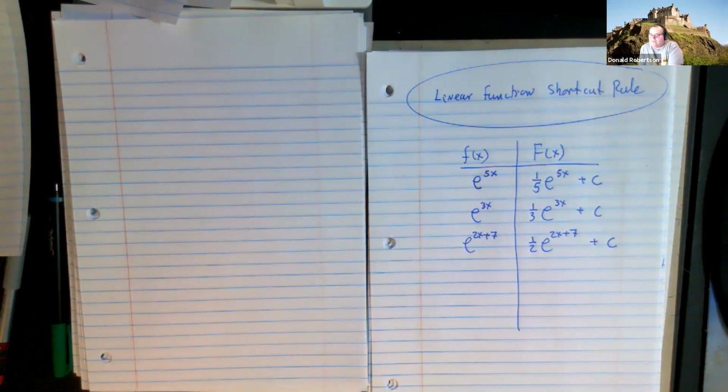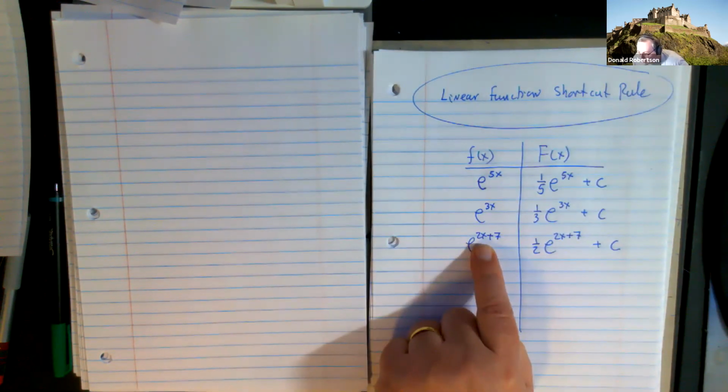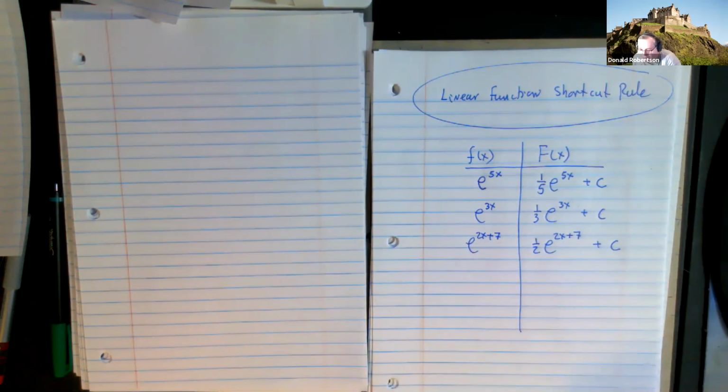You can use the pattern to get antiderivatives quickly without having to go through the whole u sub process. But this trick only works for linear. That means 3x plus 7, a half x minus 2, right? Don't try and use this rule if it's e to the x squared or something like e to the sine. No, don't do that. It doesn't work. But e to the 2x plus 1, e to anything linear, it does.